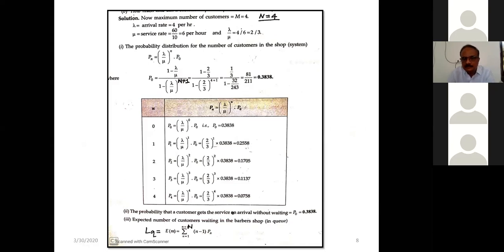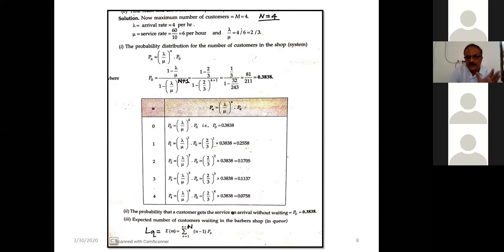Since it is a summation, it will be 0 into P1 plus 1 into P2 plus 2 into P3 plus 3 into P4. Is anybody having any difficulty understanding this last step? Sir, can you please repeat the LQ? Again, LQ indicates the number of customers who are in the queue.